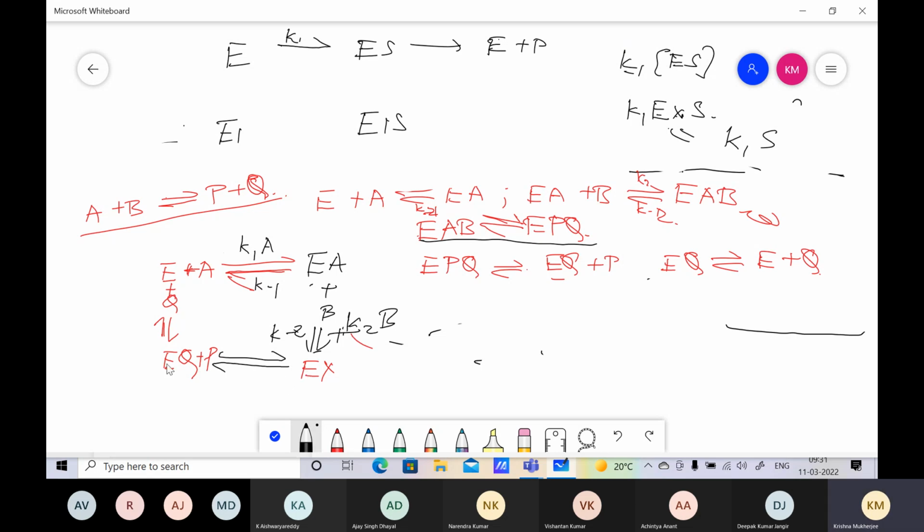This reaction, if it is K3, the reverse is K minus 3P. And similarly here, this reaction is K4, but the reverse is K minus 4 into Q. All these reactions with rate constants K1, K minus 1, K2, and so on, because this is plus S here, and this is plus I here, and this is plus I here, and this is plus S here.